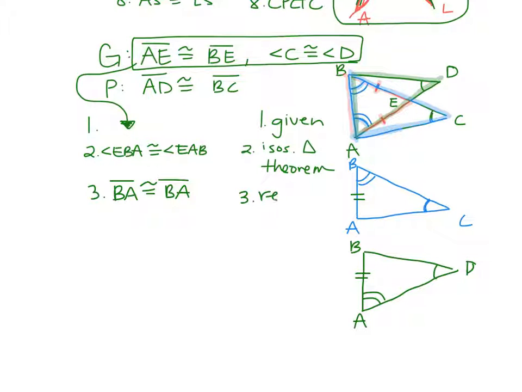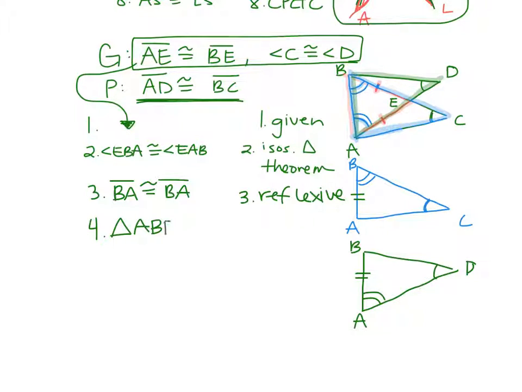The reflexive property. Okay, and what we were trying to prove is that AD, so this side here, is congruent to this side here, which I'm not going to mark because I don't want to throw off your labeling here.